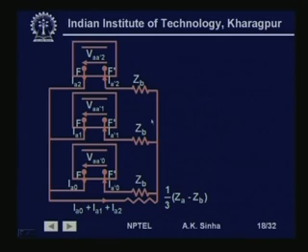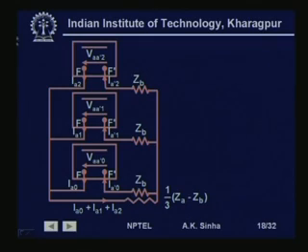We also see that this current, I A 2, I A 1 and I A 0, is flowing through this impedance 1 by 3 Z A minus Z B, and this is equal to this voltage, which is the same as this voltage. So, this is the circuit that we get in the case of this system where we have Z A in phase A and Z B and Z B in phases B and C respectively. So, this is the sequence network connection that we are getting.